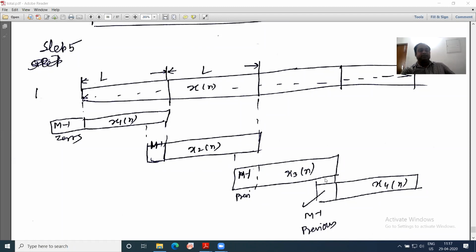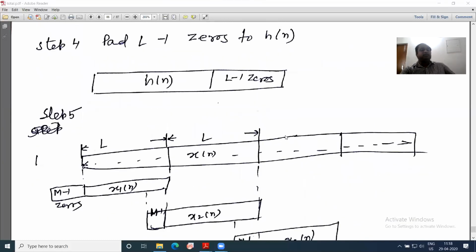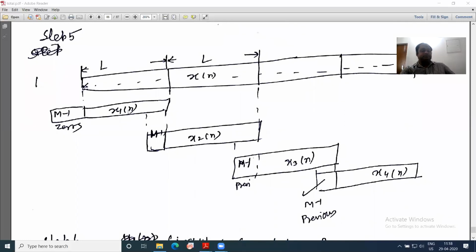Similarly, in each section I have to pad M minus 1 data from the previous section, where M we have calculated already. In the first block there is no previous section, so I have to add M minus 1 zeros. This will be my total x1 of n, this is x2 of n, x3 of n, and x4 of n.